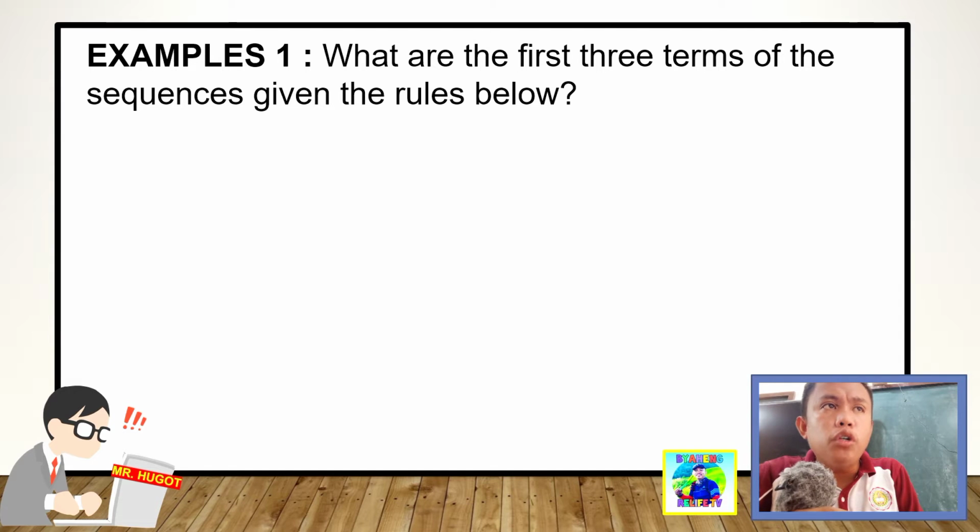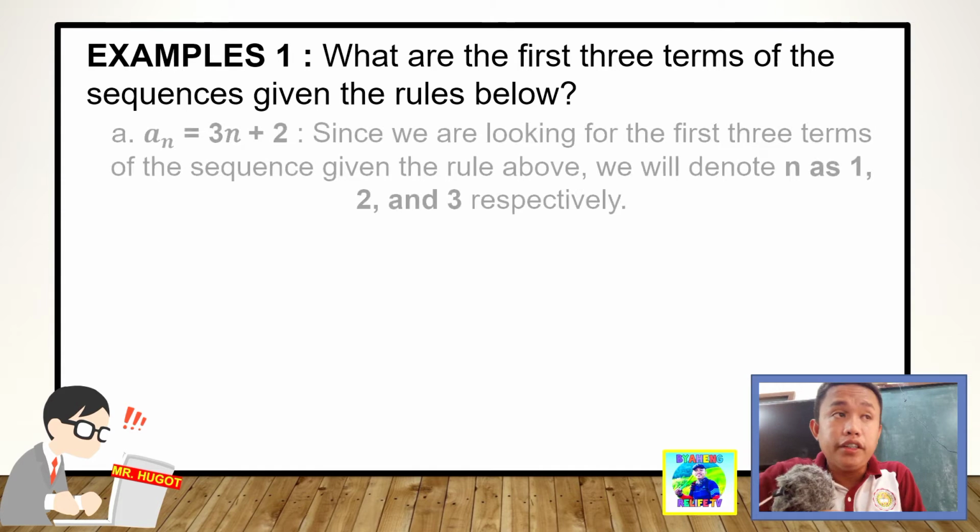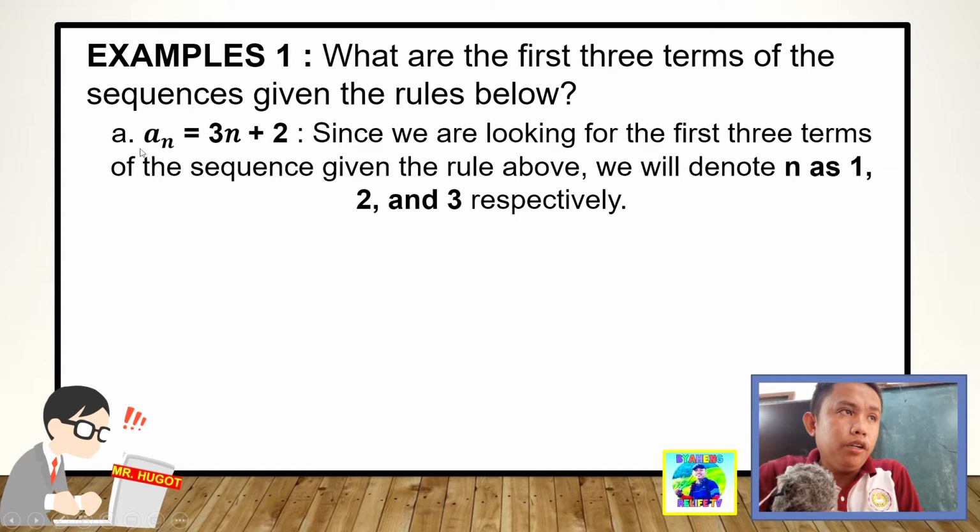Now, we're going to look for the first 3 terms of the sequence given the following rules below. Ang rules guys ay pwedeng maging equation na makapag-produce ng ating terms sa sequence. Example, a sub n equals 3n plus 1. Yung n guys ay yung value o yung place ng gagamitin nating term.